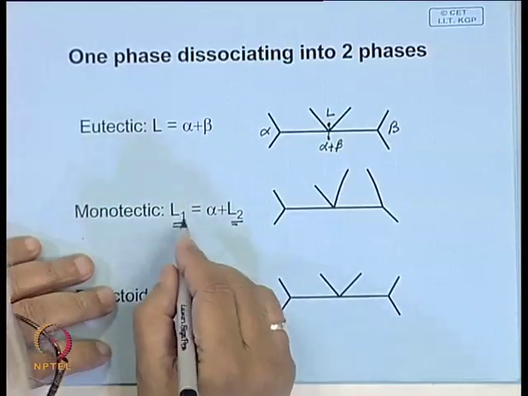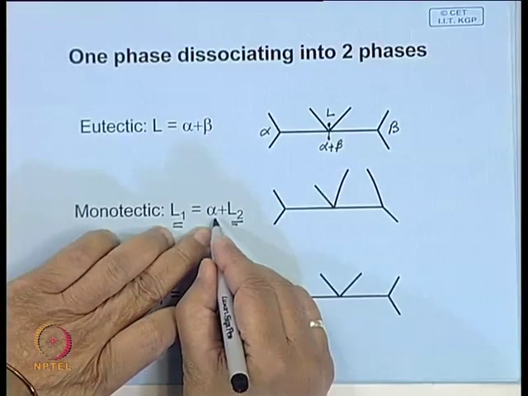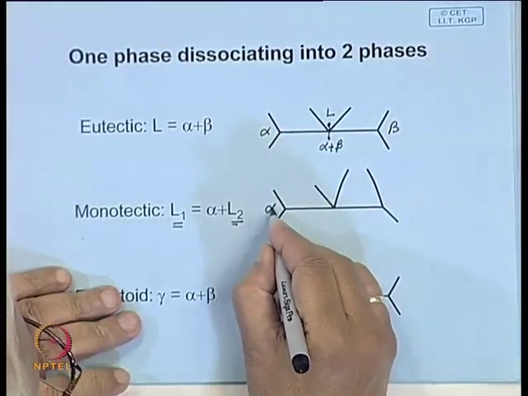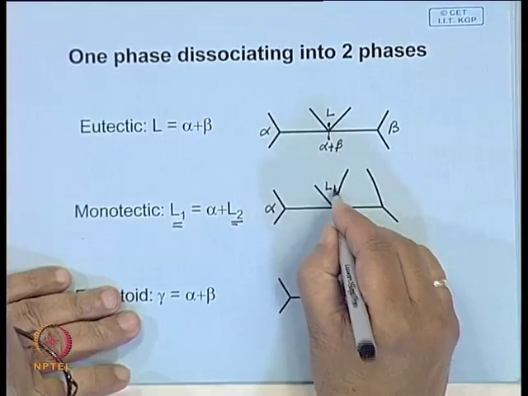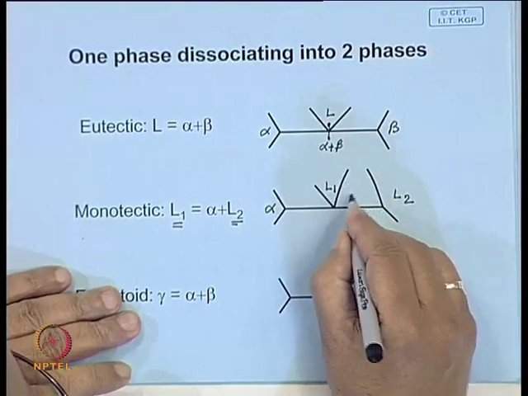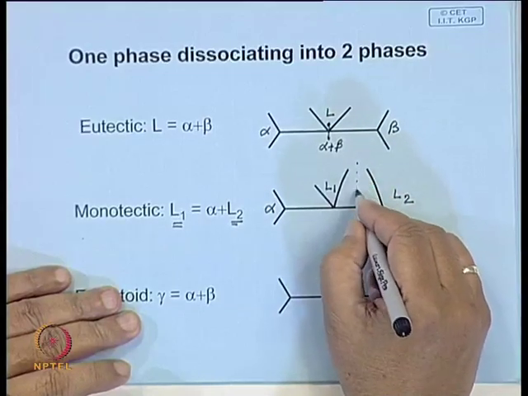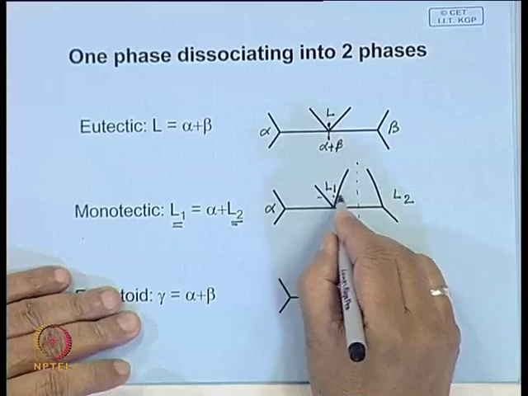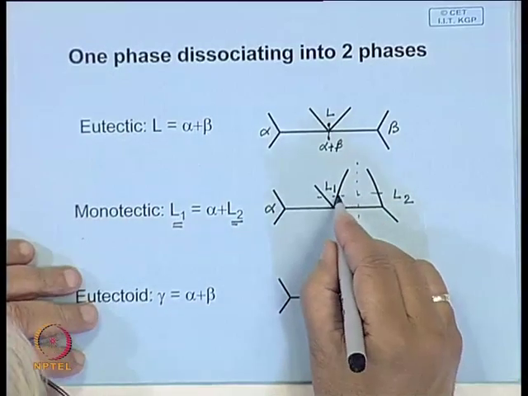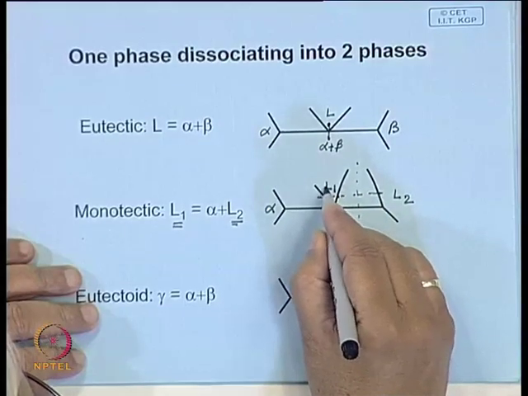And if we have a reaction, say one liquid L1 dissociates into a solid and another different liquid, it is shown over here. Here this is alpha, this is L1, and this side is liquid L2, and this is the miscibility gap. That means liquid in this particular composition, if it has this composition at this temperature, they will not mix, they are not totally miscible, they will dissociate into two liquids L1 and L2.